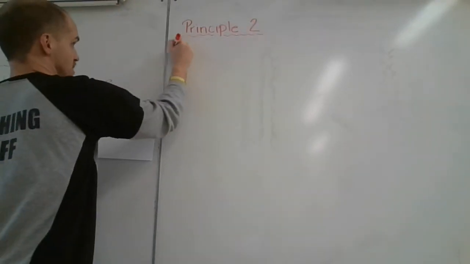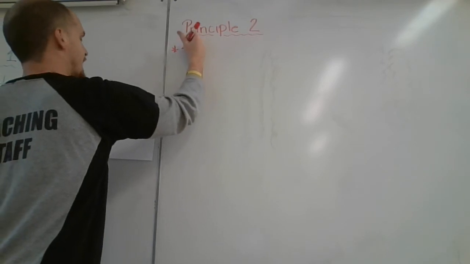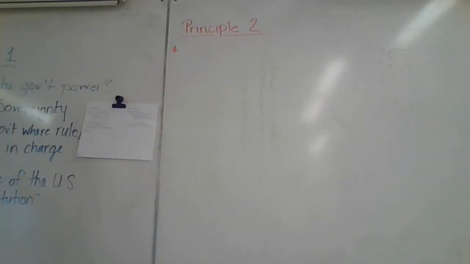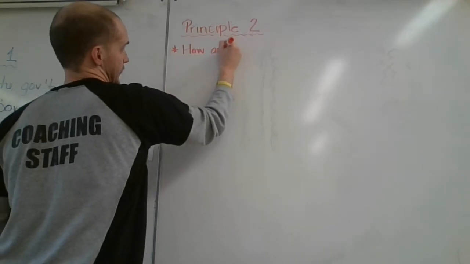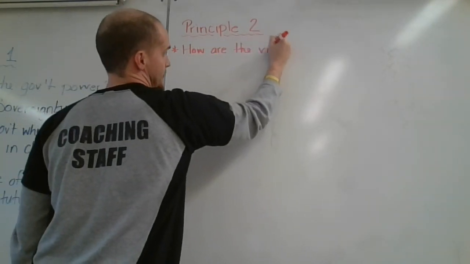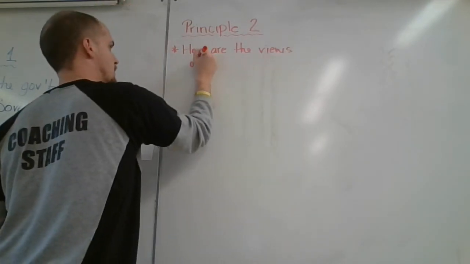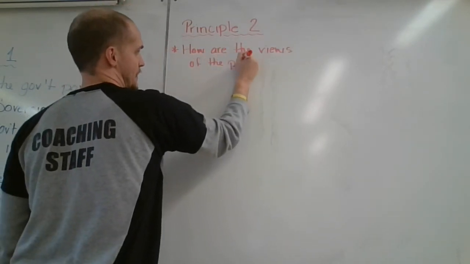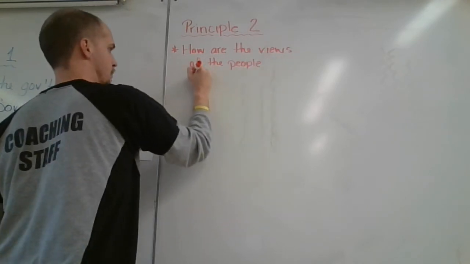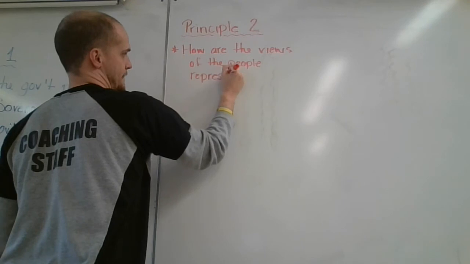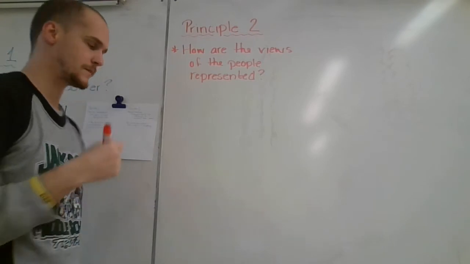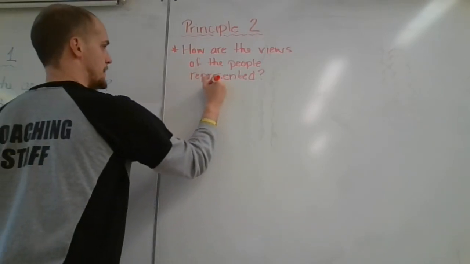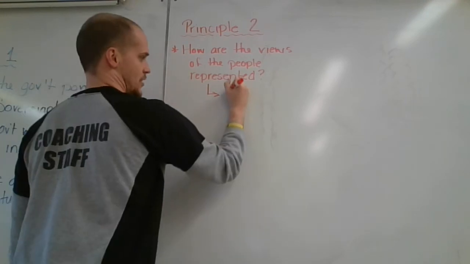Principle 2 answers the question, how are the views of the people represented? Well, how are the views of the people represented? And the answer we get is called Republicanism.